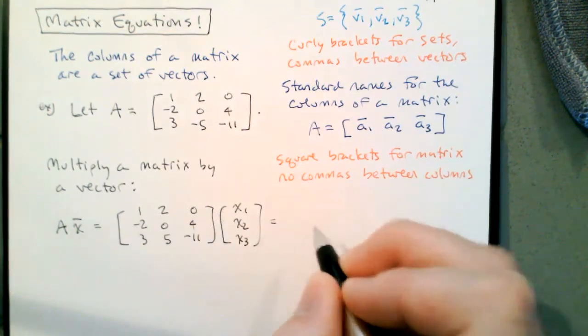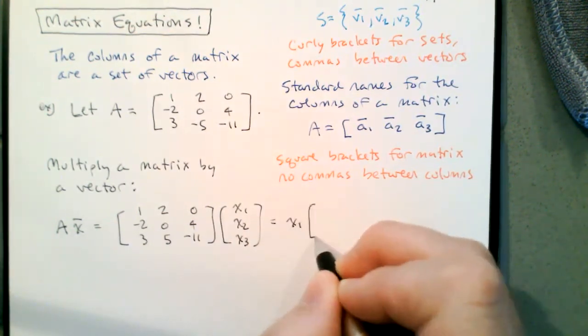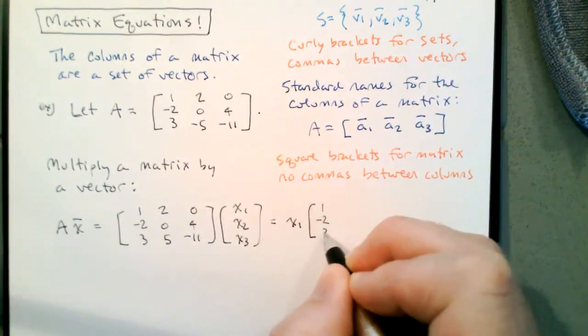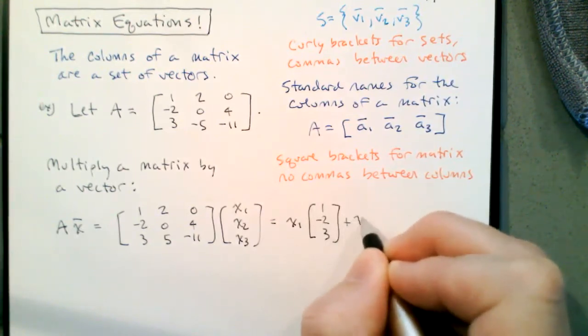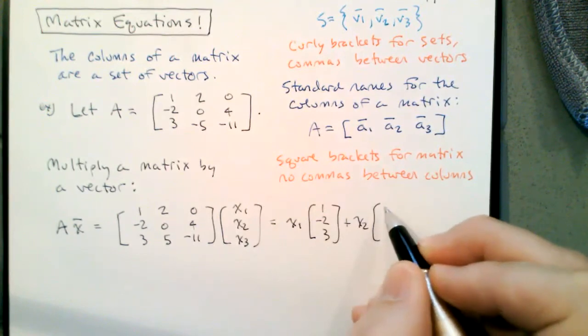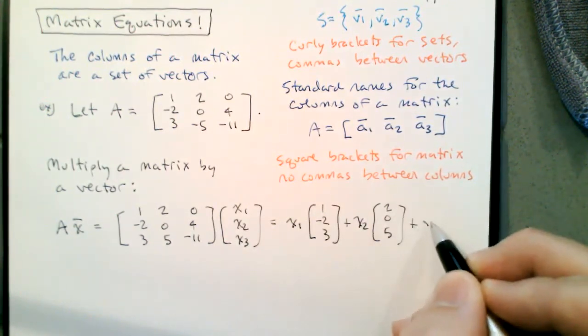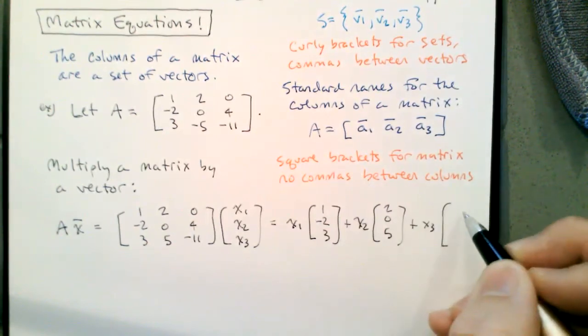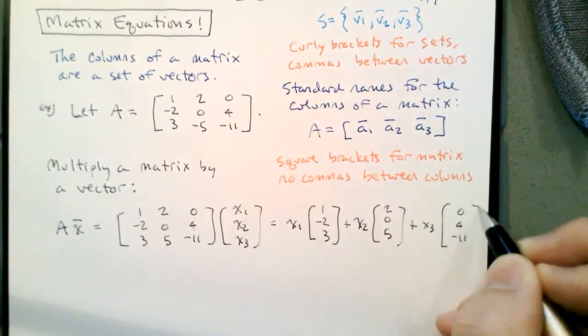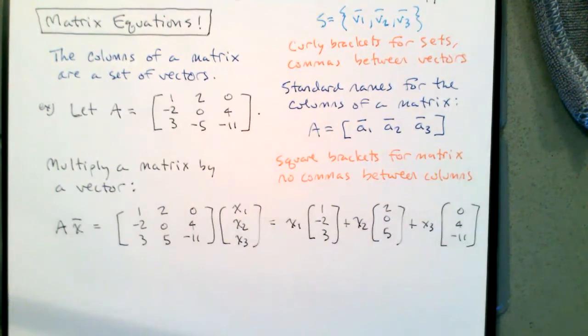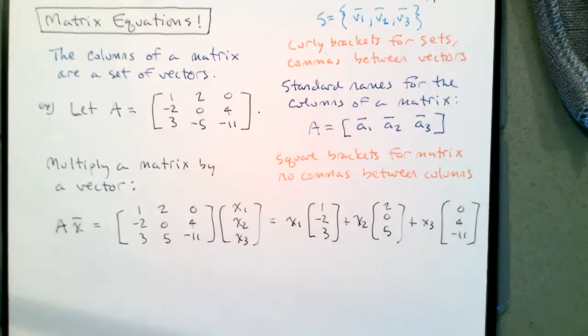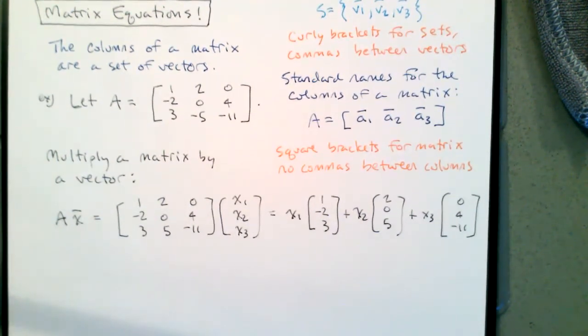So this is going to be equal to x1 times the first column plus x2 times the second column plus x3 times the third column. So Ax is a linear combination of the columns of A using the entries in x as weights.